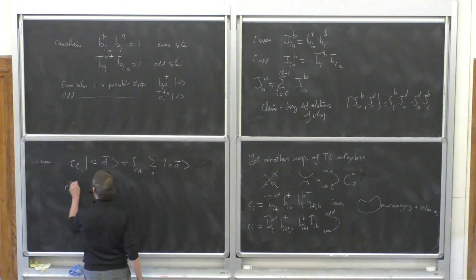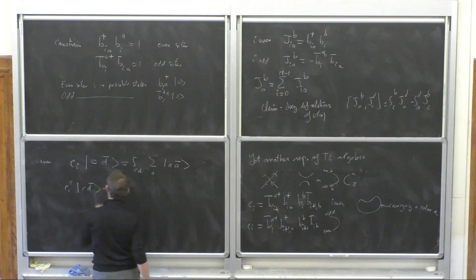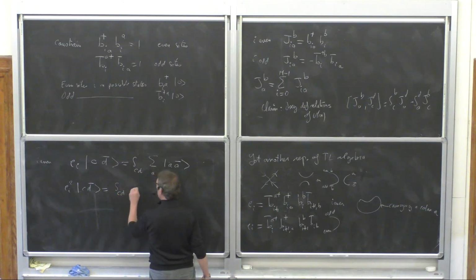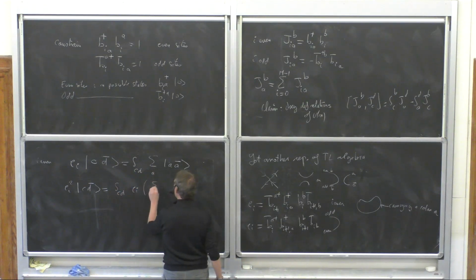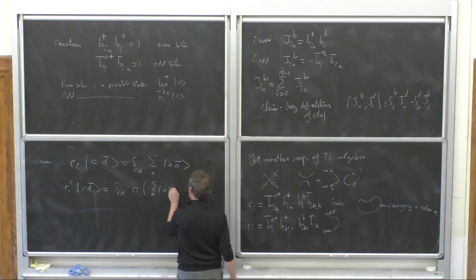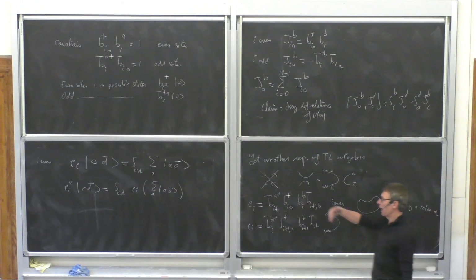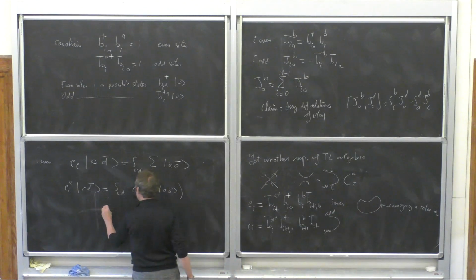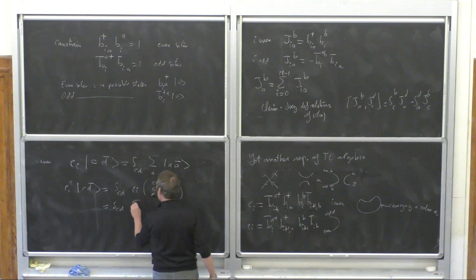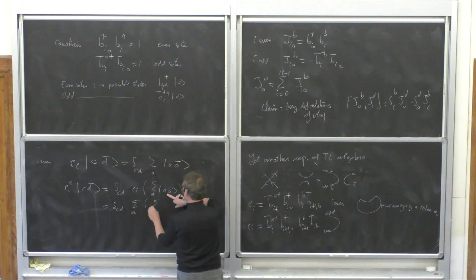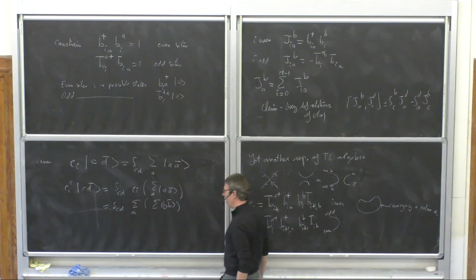How about E_i squared acting on C D bar? Well, that's delta CD E_i acting on sum over A of A A bar. For each A, E_i acting on A A bar is what? E_i acting on A A bar is sum over, I don't know, B B bar. Every time the sum runs from 1 to n.